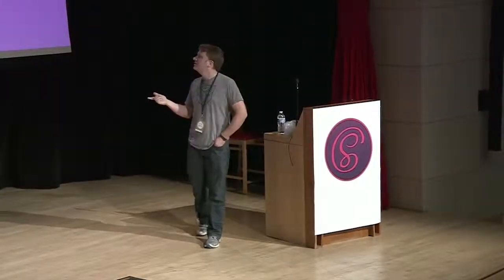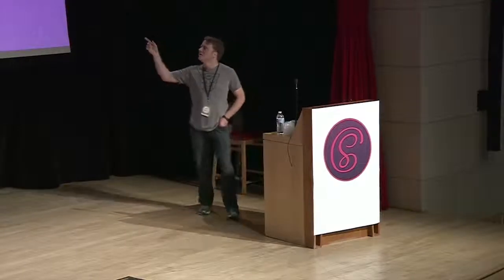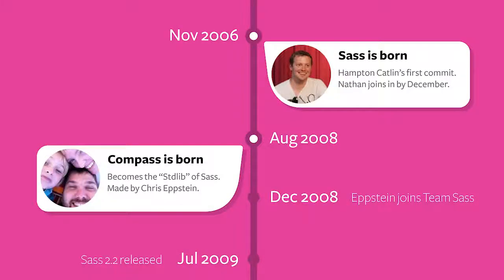I'm not sure what's going on at the beginning of the month, but by November, the first commit on Sass was made back in 2006. Then we had Nathan joining the very next day or very shortly in December. And it was really a collaboration, from what I understand, between the two of them.